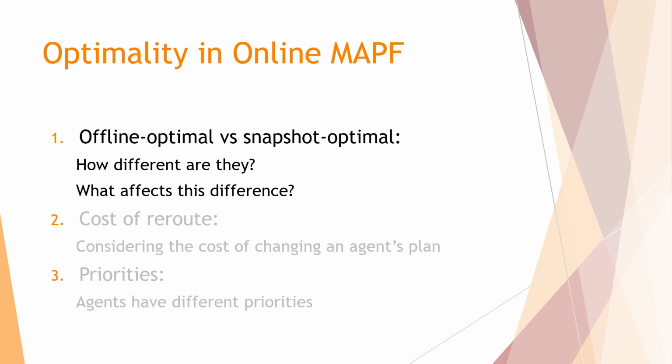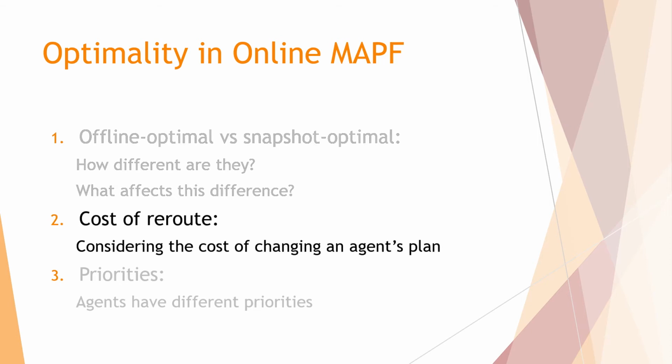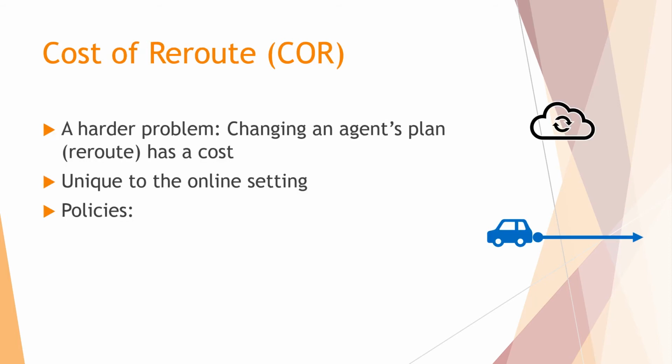Seeing that there isn't a significant difference between offline and snapshot, and thus snapshot optimal solutions can be considered valuable, we wanted to try a more difficult variant, the cost of reroute variant. In this variant, if an agent is assigned a certain plan at one time, and we want to change that plan later on, we would have to communicate with that agent, and that may be associated with a cost.